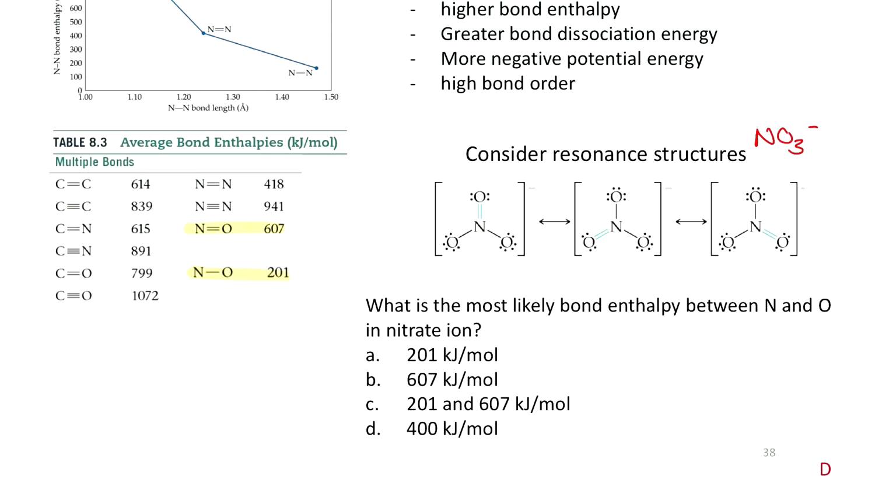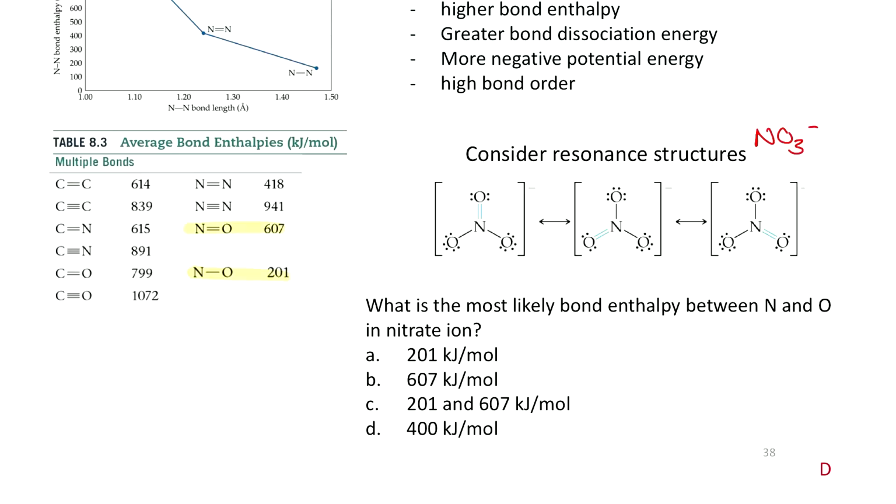So if I asked you to calculate or determine the NO bond enthalpies in a nitrate ion, what numbers would you expect to find? If you went into the lab and measured this, would you find bond enthalpies of 600 and 200 because there are double bonds and single bonds present, or are you going to find a different number?